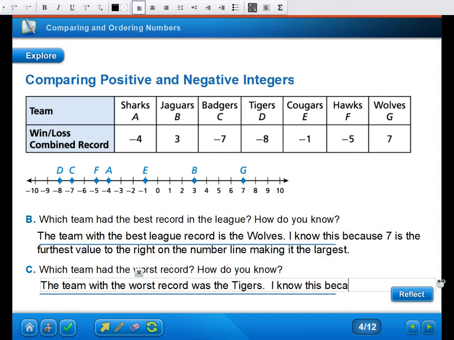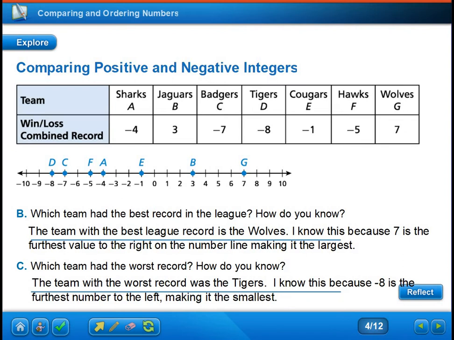I know this because -8 is the furthest number to the left, making it the smallest. All right, so if your answer has something to do with the fact that the -8, which is D, which we know goes with the Tigers, is the value that's furthest to the left, making it the smallest, you are correct.